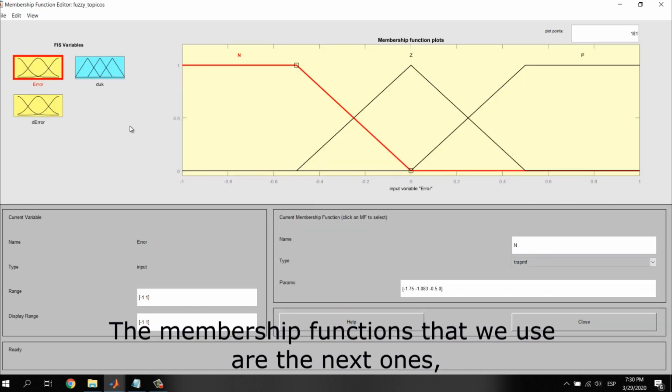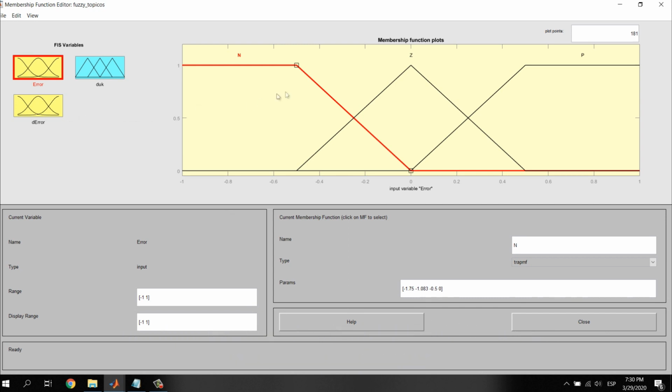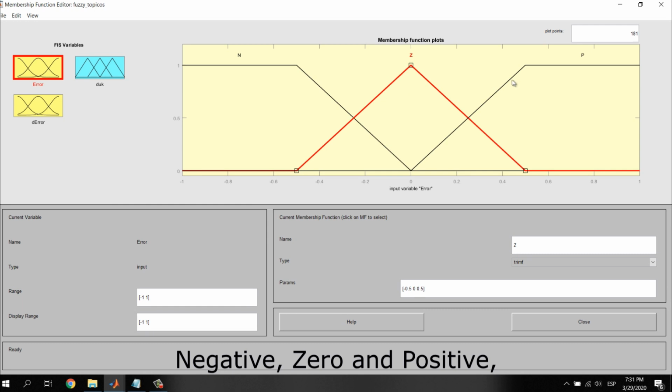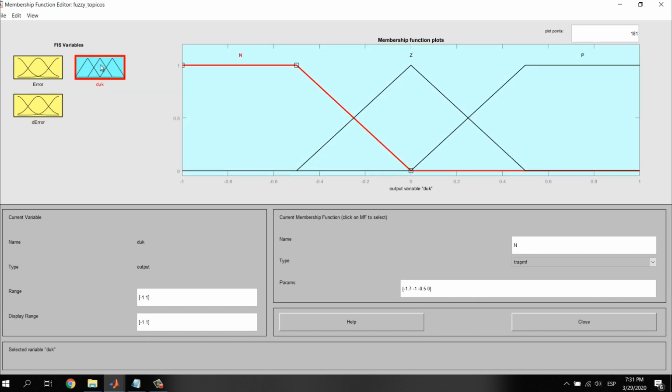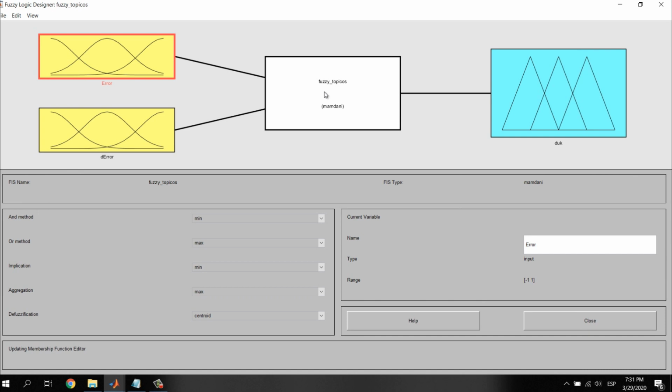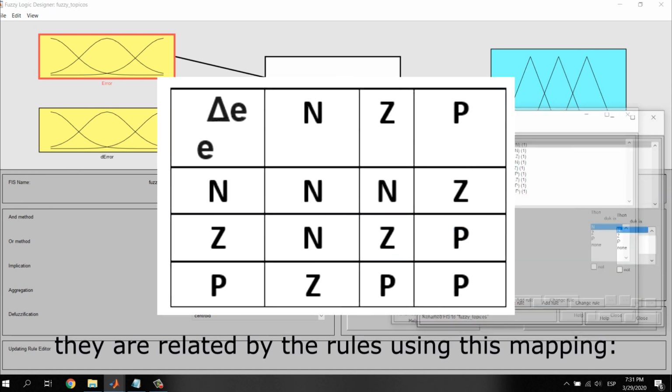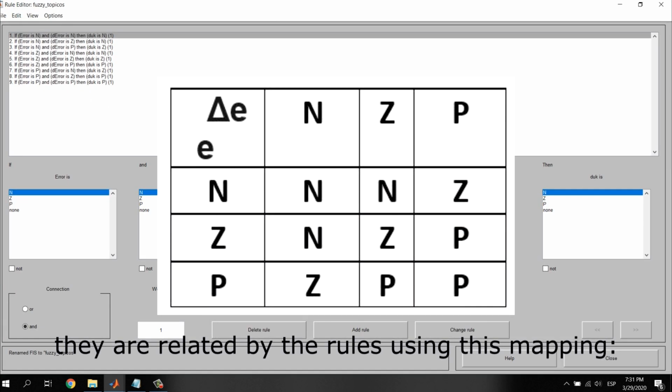The membership functions that we use are the next ones: negative, zero, and positive for each of the inputs and output, and they are related by the rules using this mapping.